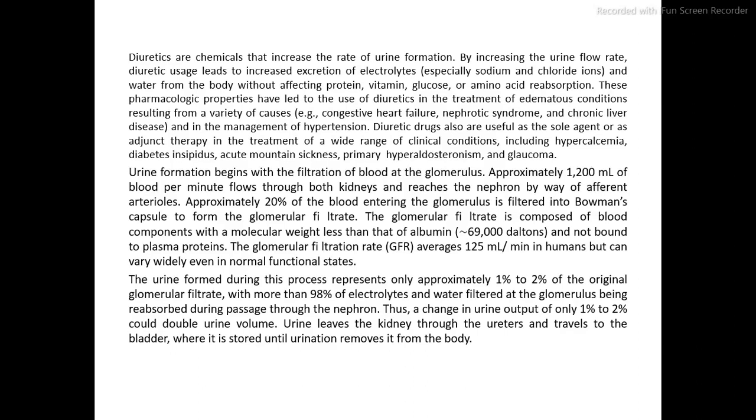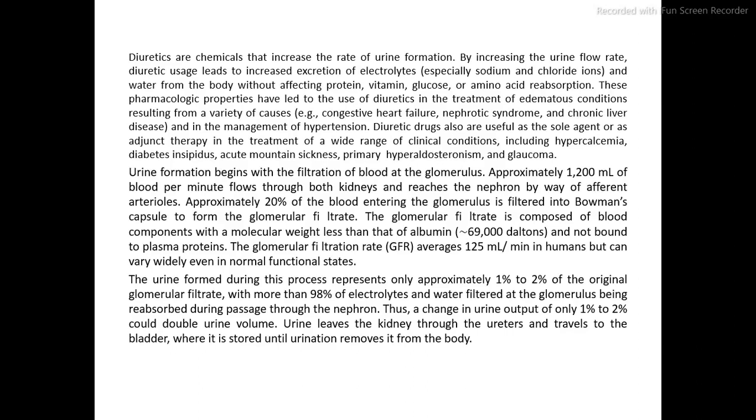But the 125 ml per minute of glomerular filtrate formed in humans varies depending on the normal health of the human being.